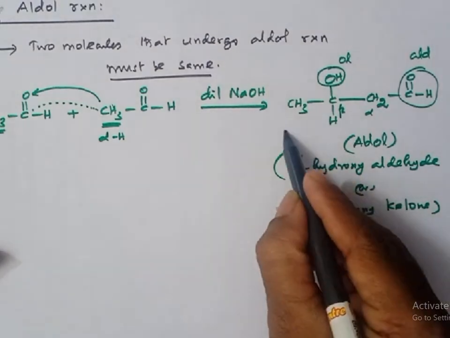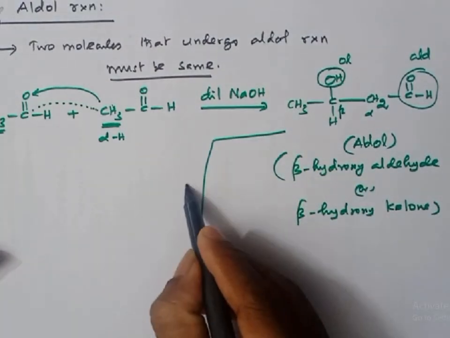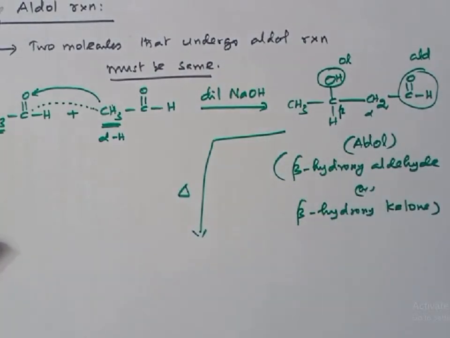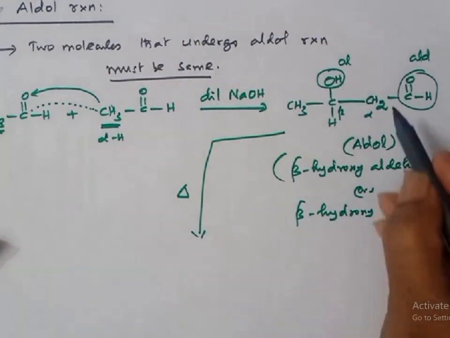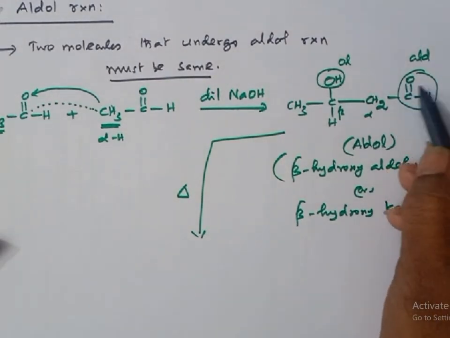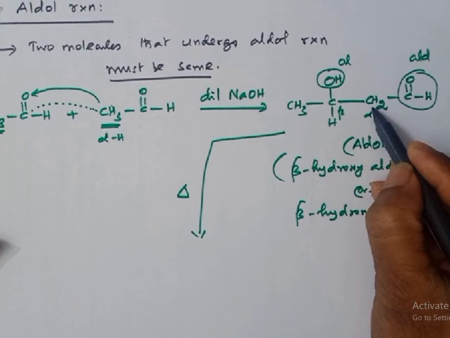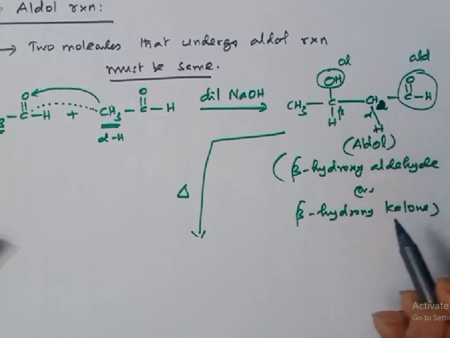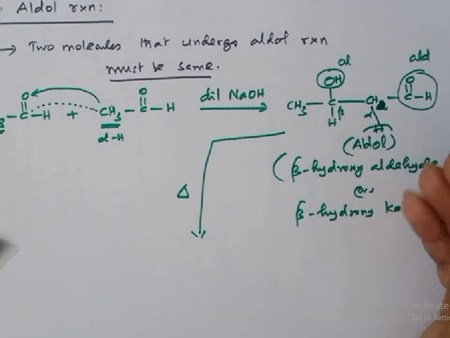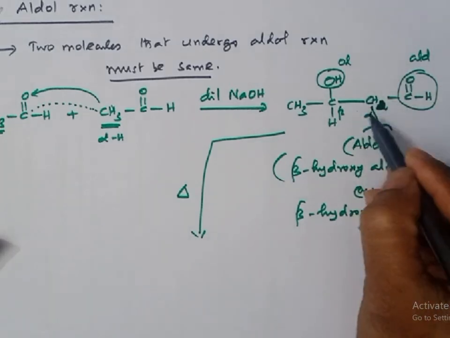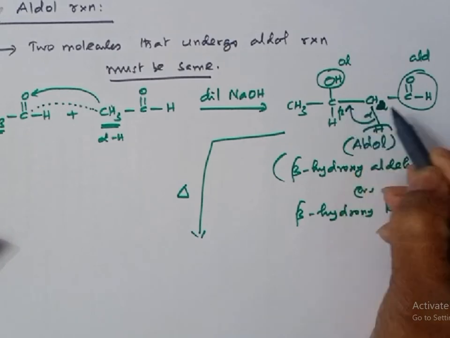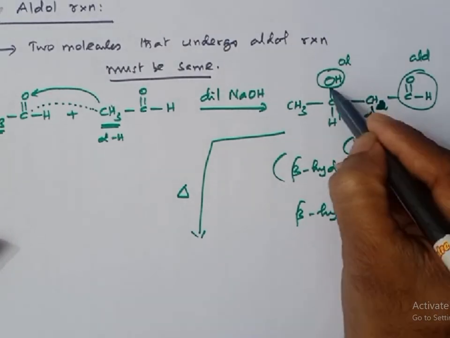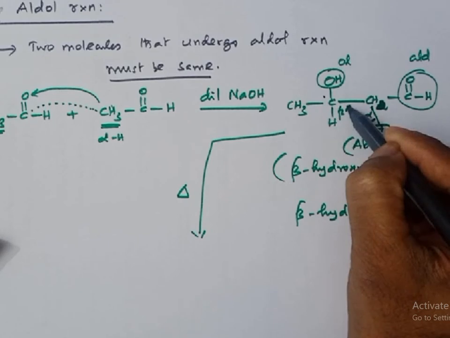Then if you heat this compound, what will happen? This is the aldehyde group, and the next carbon is the alpha carbon. From the alpha carbon, we have two hydrogens. Let me show one hydrogen separately. This hydrogen comes out as H plus, and this bond moves over here to form a double bond.